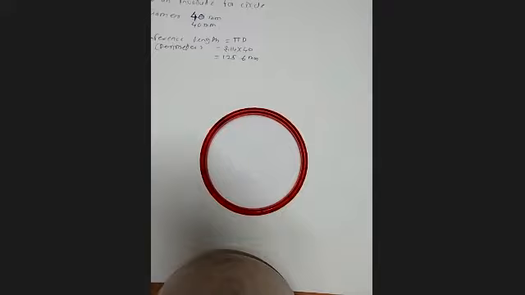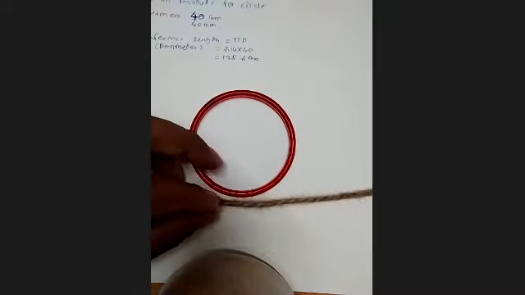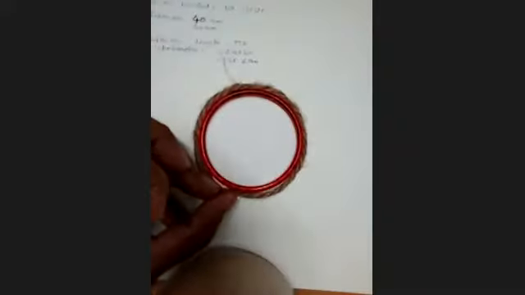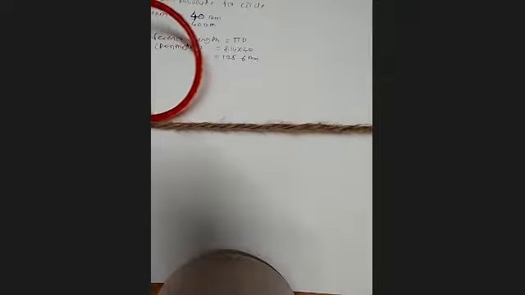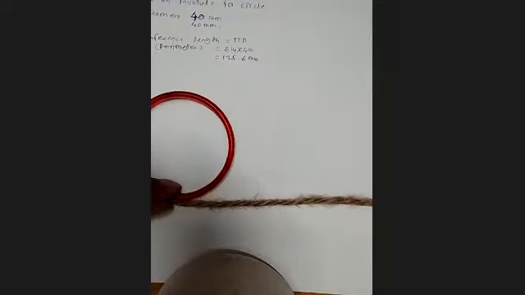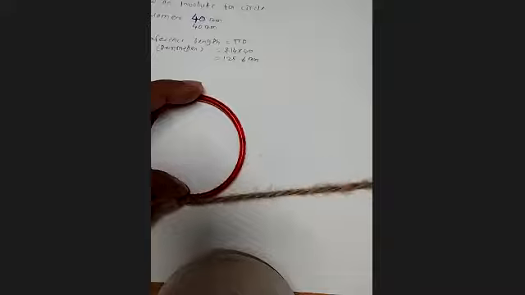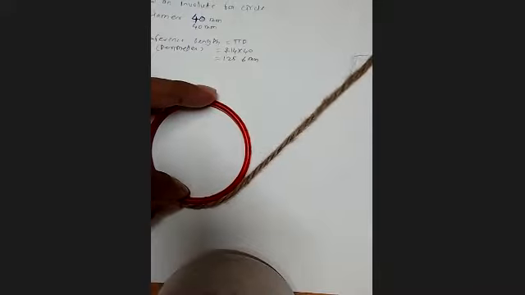If I take a thread, or we can say the inelastic string, of length equal to its circumferential length, or we can say the perimeter, and assume that this is the end point, and I keep this string tight and rotate it along this circular disc along its circumferential length, then what will happen?